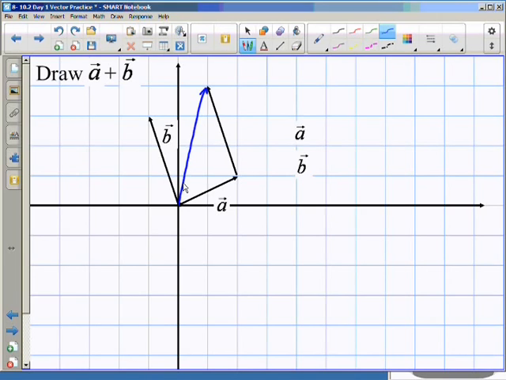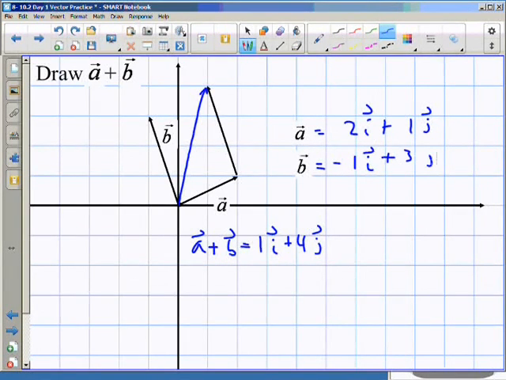That vector will be 1i plus 4j. Or we can do it by components, where A is 2i plus 1j, and B was negative 1i plus 3j. Simply add the components, you get 1i plus 4j.